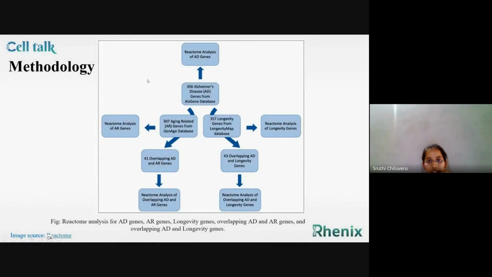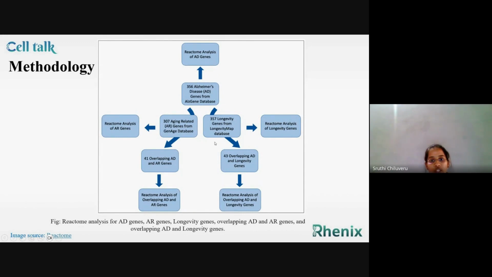As you can see here, there are three different types of databases. The first one is the AlzGene database, which is from Alzheimer's disease. This is the GenAge database, which is from aging-related genes. And this is the LongevityMap database, which is from longevity genes.